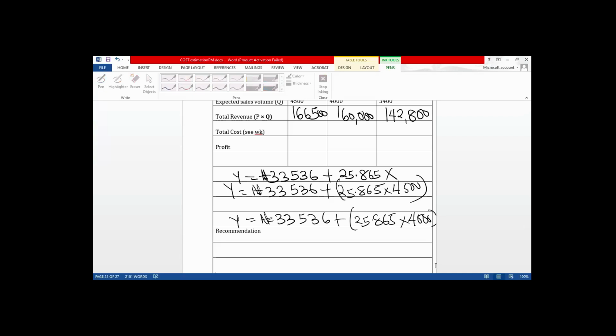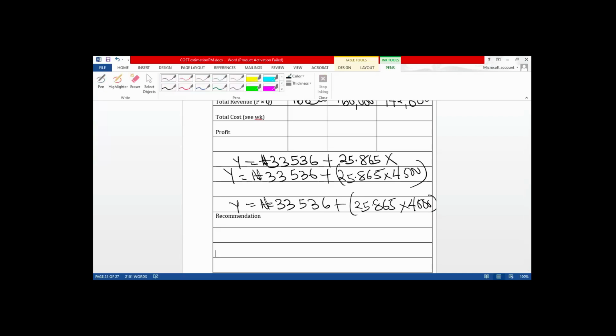The second one, what do you have? 136,996. Total cost here is 136,996.